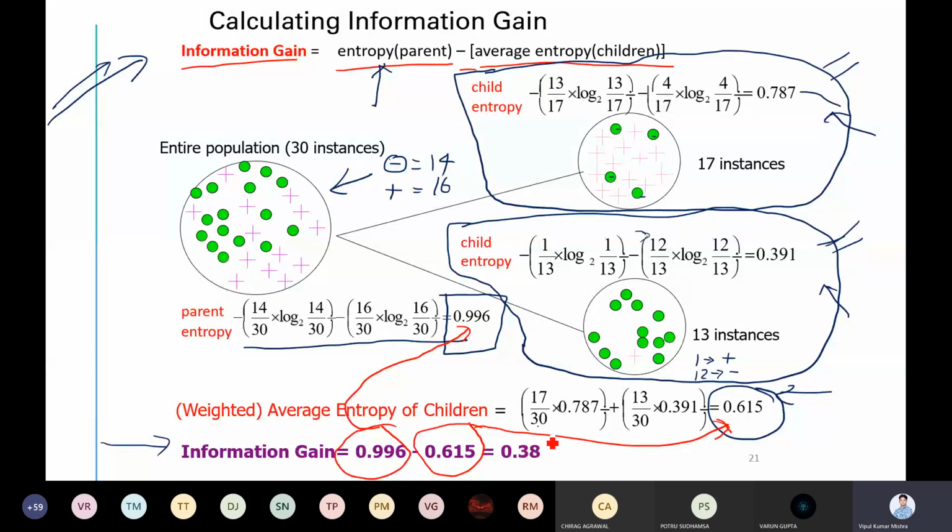And you have computed the final information gain, that is 0.38. Getting? So whichever has more information gain will become your important node. It's the reverse: the one with more information gain, a higher value, becomes the important node here. So the higher the gain, the better. Any doubt on this, guys? Can you compute entropy? Can you compute Gini score? Can you compute information gain?